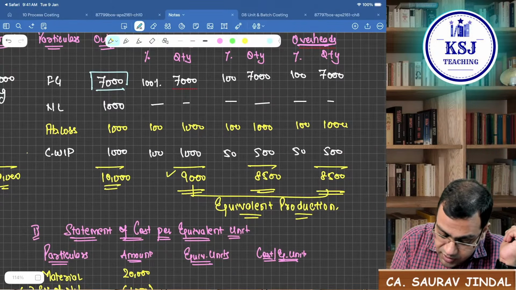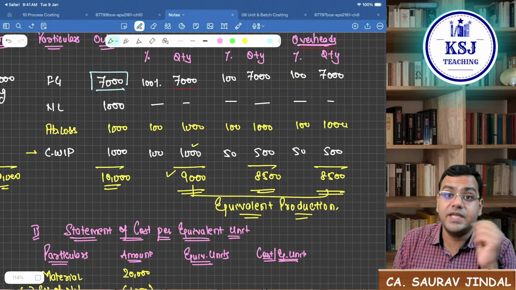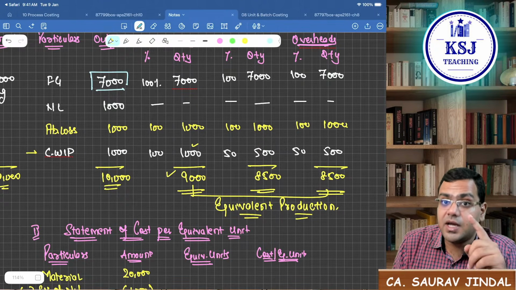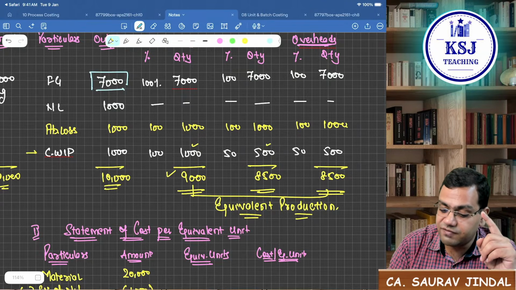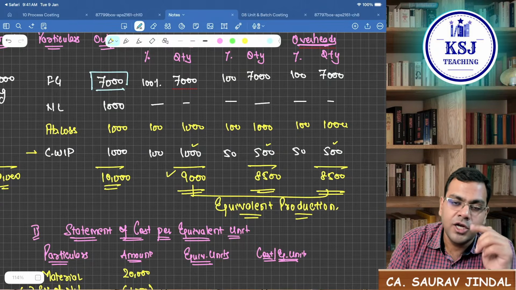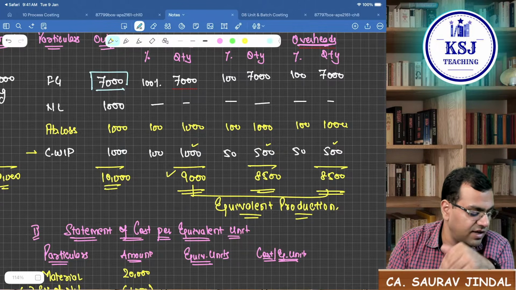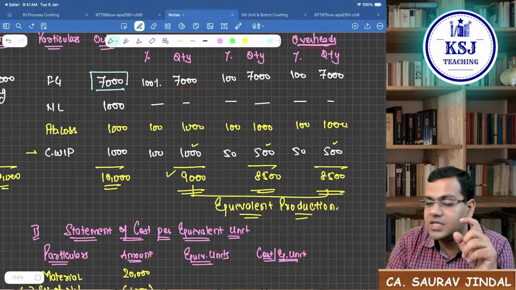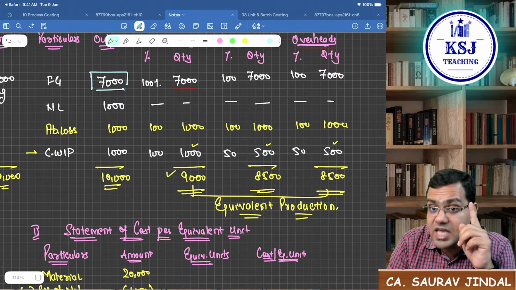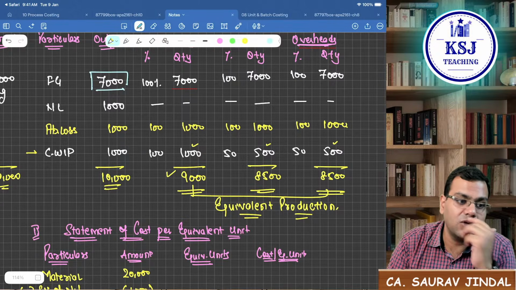Just focus on this closing WIP now. The material cost is incurred on 1,000 units, whereas labor and overhead cost is incurred on 500 units. So when you are taking the equivalent units, please take it very carefully. Do not take 1,000, 1,000, 1,000 for all the three categories, or 500, 500, 500 for all the three. This is a very common mistake when calculating the closing WIP.